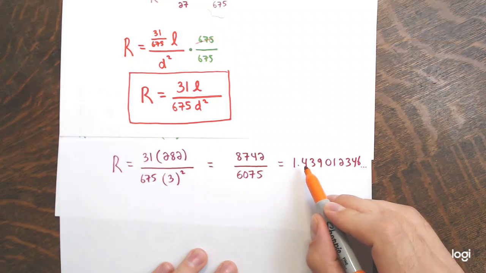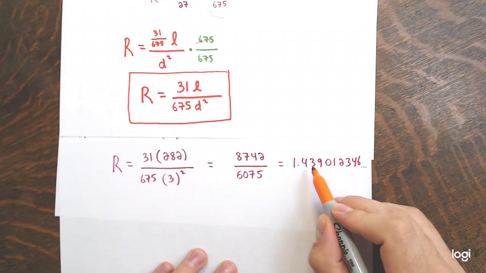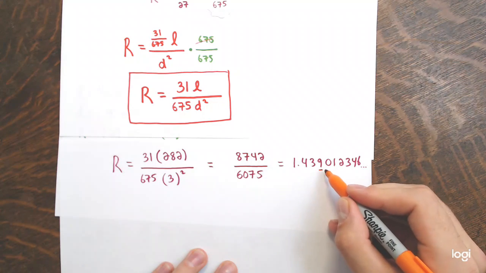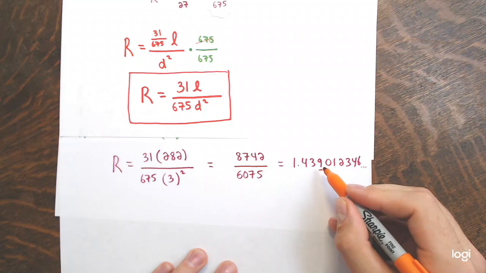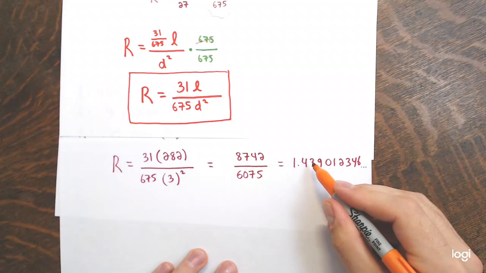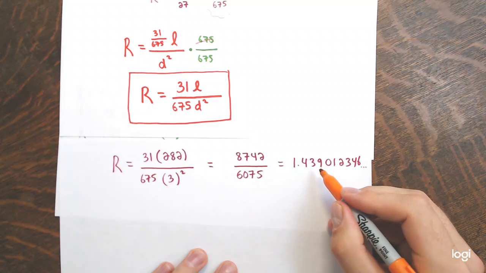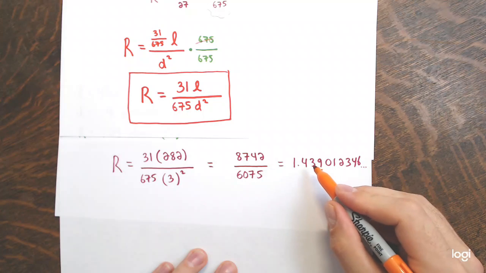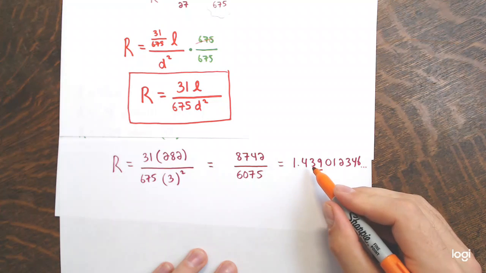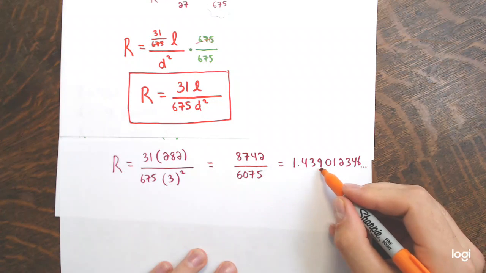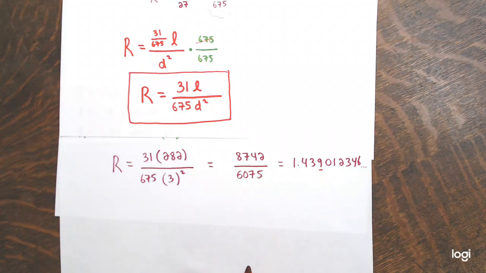There's the first decimal place, the second after the decimal point, that's the hundredth place. So to round to the nearest hundredth, I go to the third decimal place and look at that. If that's 5 or greater, you bump up the second decimal place by 1. If it's less than 5, you keep the second decimal place the way it is. And this is 9, definitely 5 or greater.